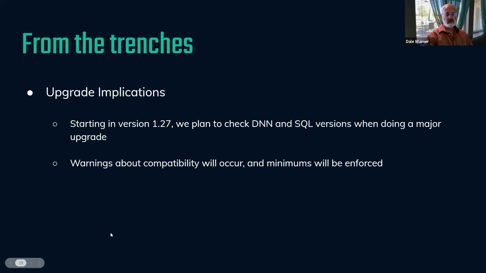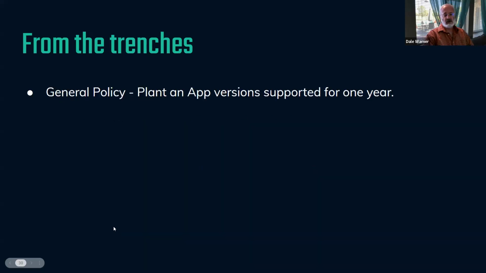But for SQL, we're going to enforce the minimum. So if you're running less than SQL 2016, you need to start making a plan to upgrade. And that brings us to the last thing I wanted to point out. As a general rule, we support our versions for 1 year.